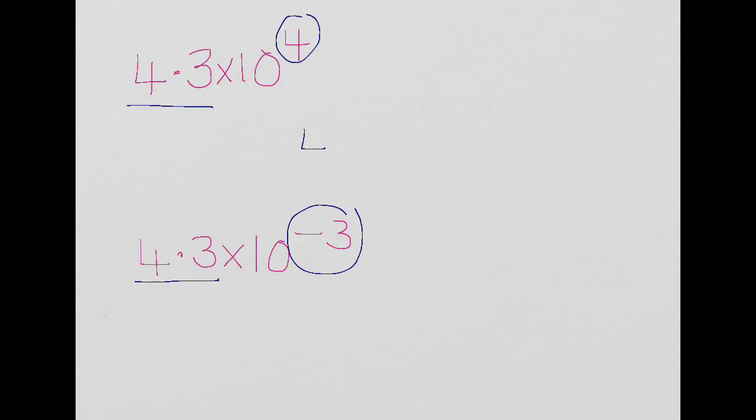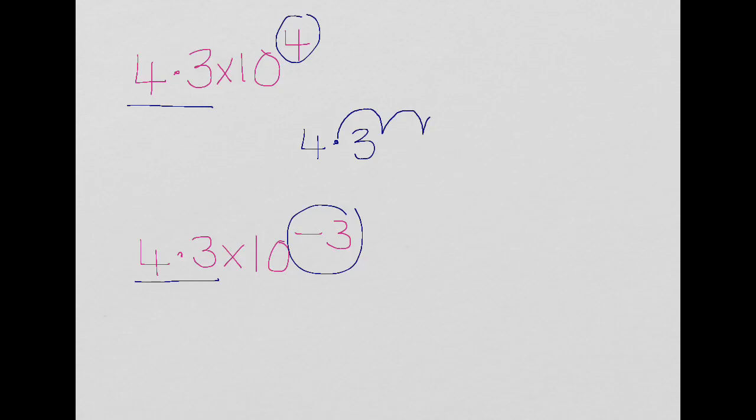So the quick way of doing this is, if I write the number 4.3 and I'm multiplying by 10 4 times, it means that my decimal point, we often talk about it moving, a decimal point doesn't move, it's actually the numbers moving.